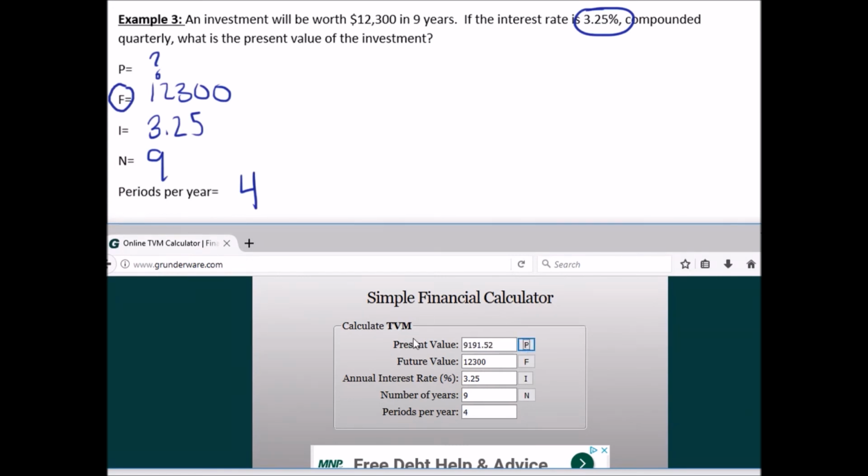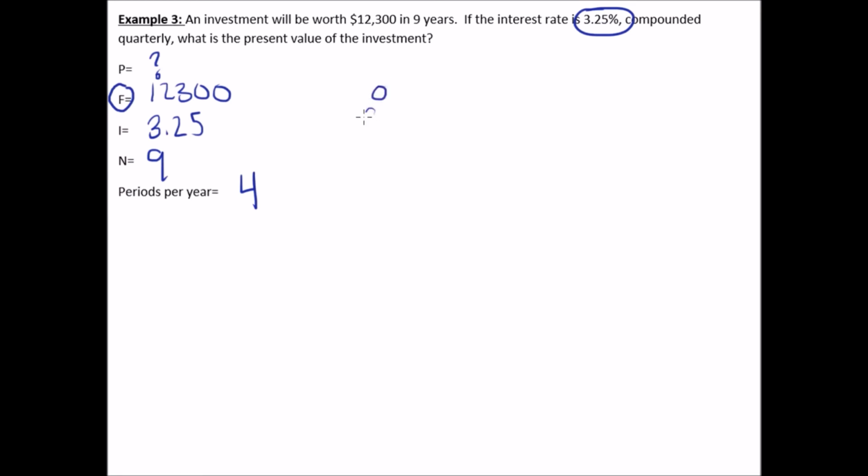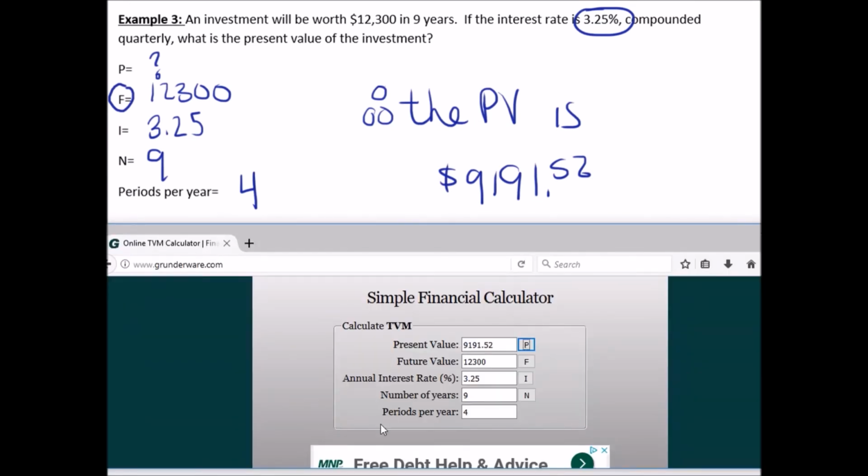Okay, let's click present value. So we can simply say, therefore, you have to invest $9191.52, or therefore, the present value is $9191.52. Okay, so this individual has to invest $9191.52 in order to have $12,300 in 9 years.